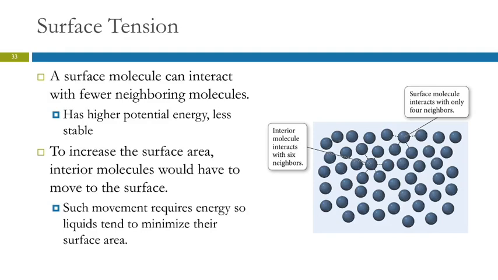So water will form a sphere, a droplet, because a sphere is a shape with the smallest amount of surface area for its volume. In order to increase the surface area, we're going to have some of these interior molecules move to the surface, and they don't want to do that. Any questions?